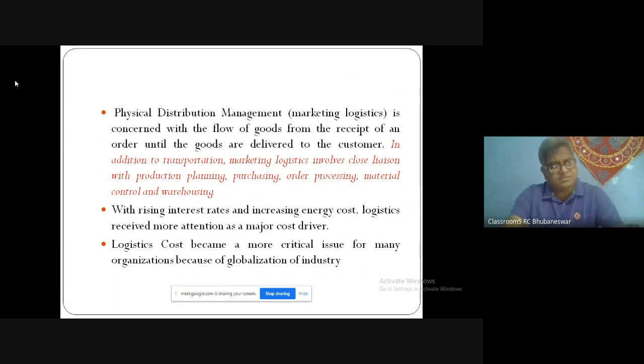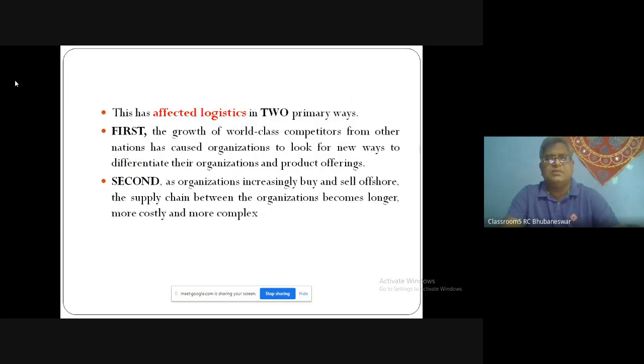Marketing logistics means a physical distribution management system, where proper planning, proper purchasing, proper ordering and proper processing are necessary. So this is overall the concept of marketing logistics. But my dear student, marketing logistics can be affected in two ways.